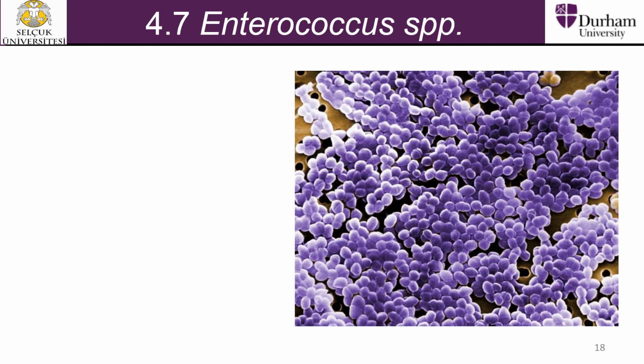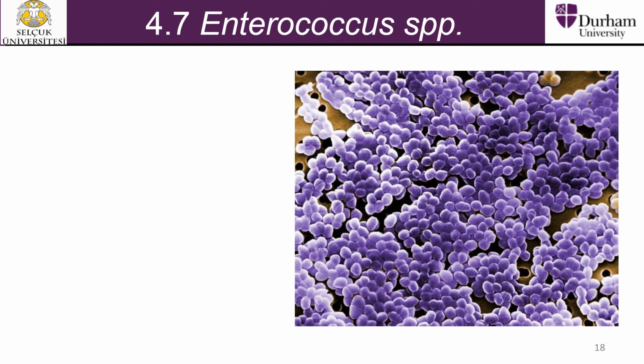Enterococcus is naturally found in the gastrointestinal tract of humans and animals, where it is usually harmless. Due to their superior structural properties, they can grow under almost any conditions, including harsh environmental conditions, and can survive in soil, water, and food.